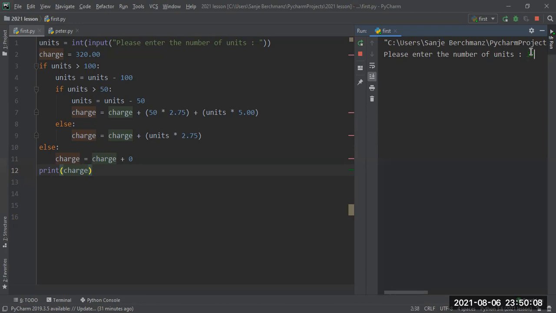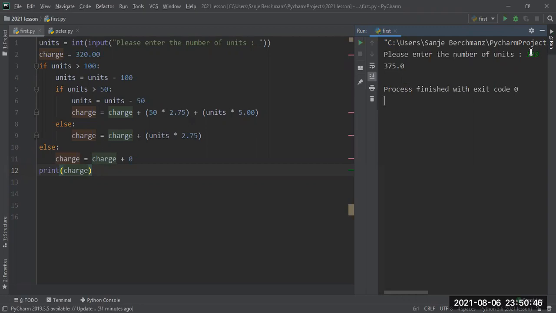So 120, 20 into 2.75 is how much? 55, sir. So 55 plus 320. 375. Okay. So we are getting the answers correctly. So this code works according to the scenario that we are given.